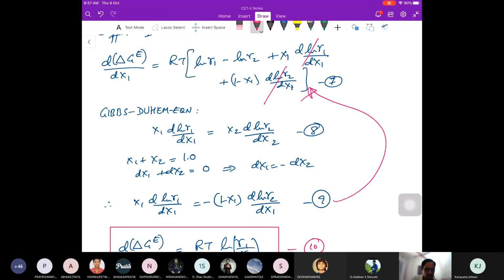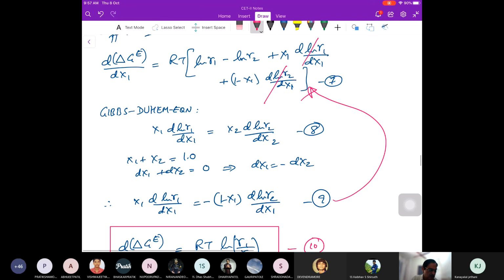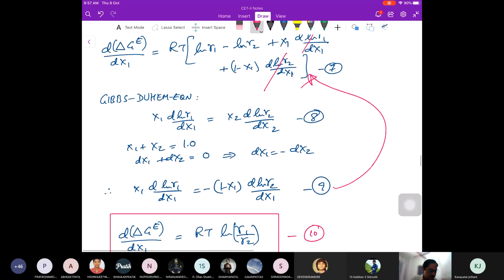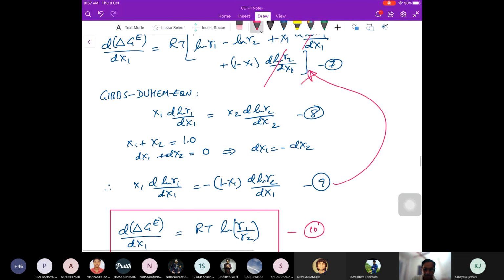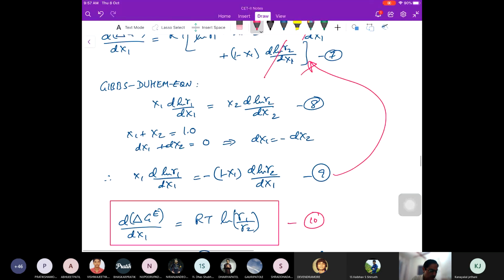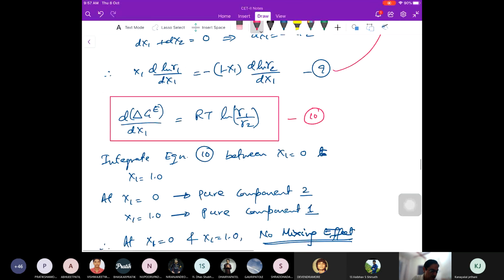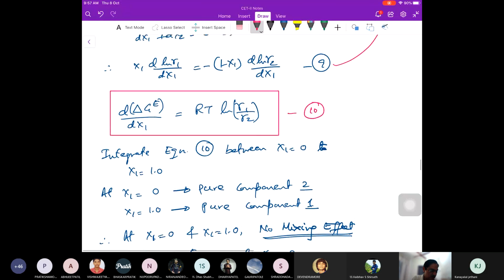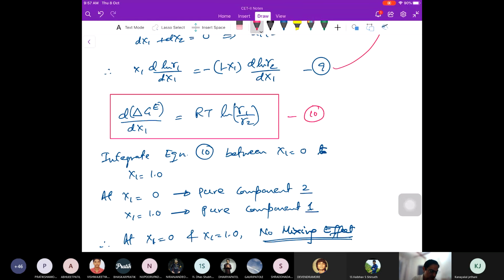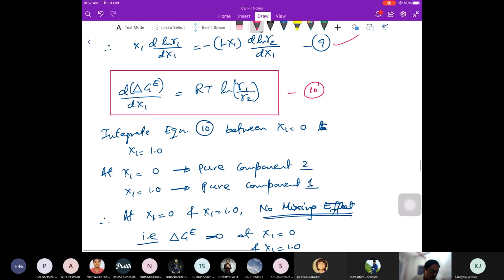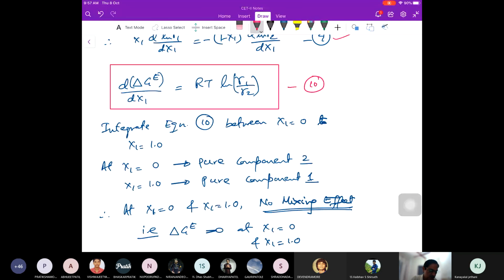Equation 10, is it okay? Now we will integrate this equation between x1 equal to 0 and x1 equal to 1. x1 equal to 0 is pure component 2, and at x1 equal to 1 it's pure component 1. For pure components there is no mixing effect; we have seen that it's only for solutions there is a mixing effect.